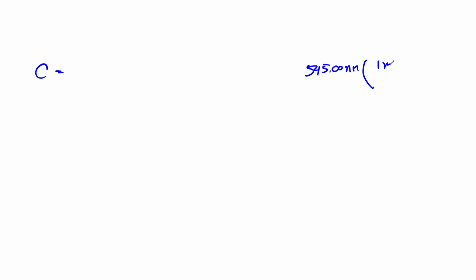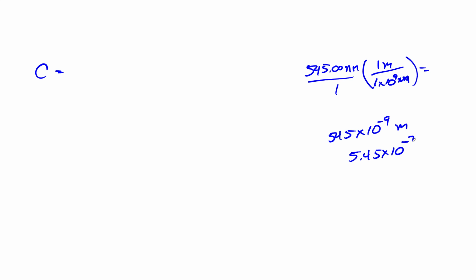For every meter, there's 1 times 10 to the 9th nanometers. That's my conversion factor. And if I come down here, that's going to be 545 times 10 to the minus 9th meters, or move this over, it'd be 5.45 times 10 to the negative 7 meters.